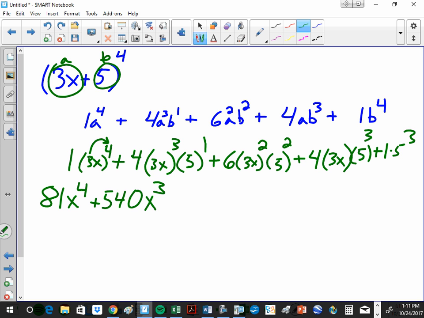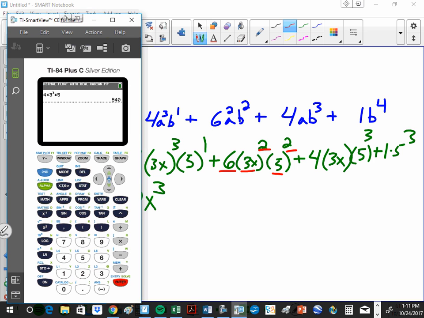Does everybody understand how I did that? Okay, for the next one, I'm going to take 6 times 3 squared times 5 squared, and then the answer will have an x squared attached to it. So that is going to give me plus 1350x squared.